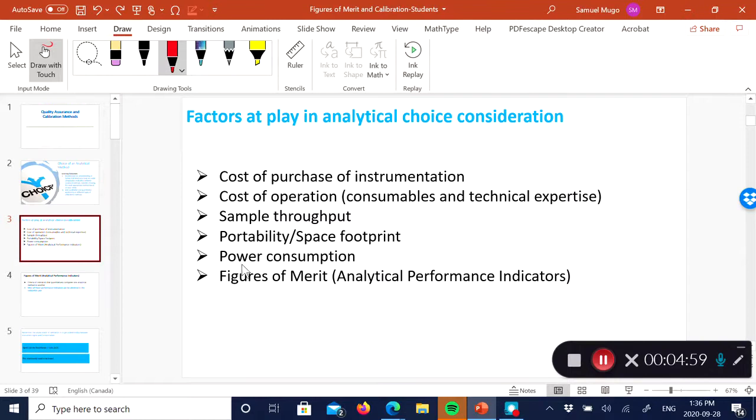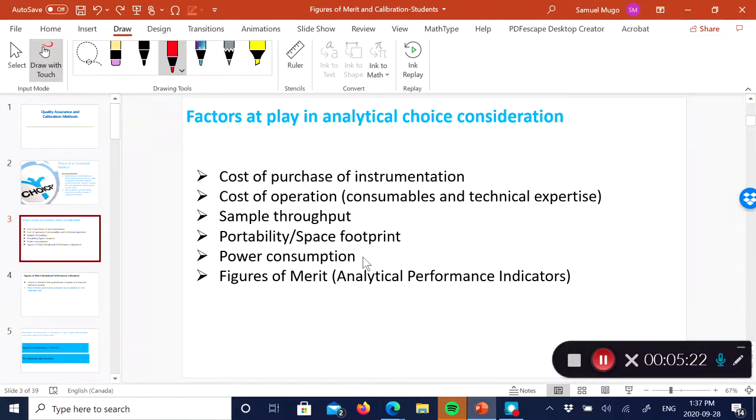Even things like power consumption. When you're thinking of portable instruments, you don't want to carry a big battery with you. That adds to the bulk. It also costs money depending on how much power a particular instrumentation is consuming. So that's another important consideration.